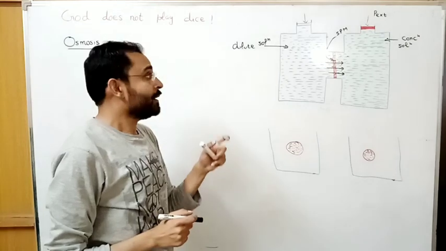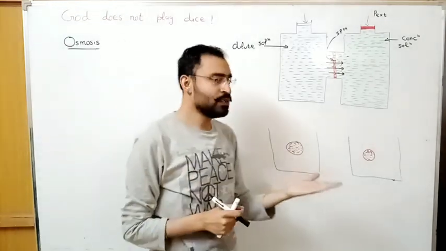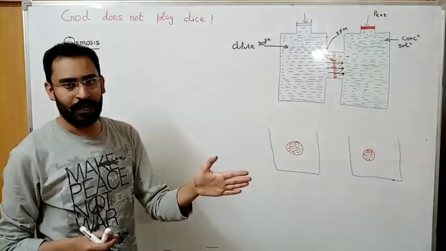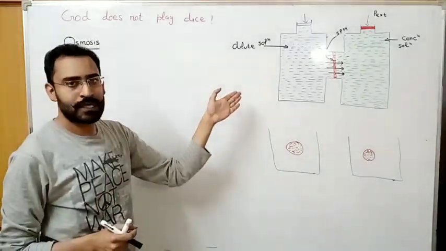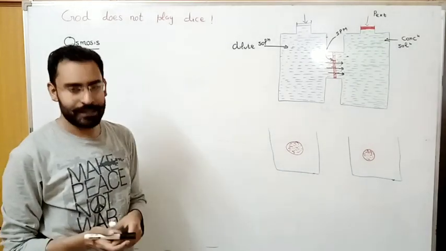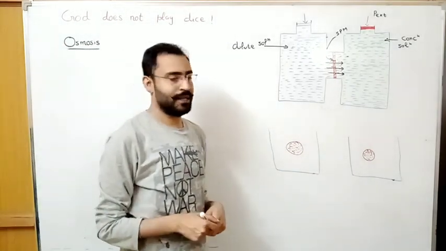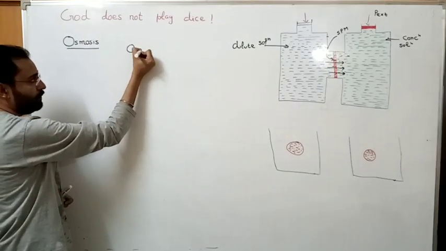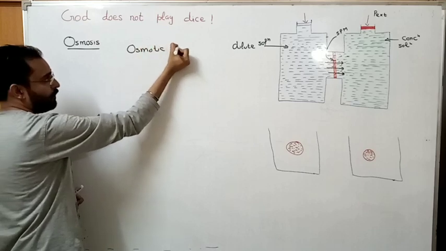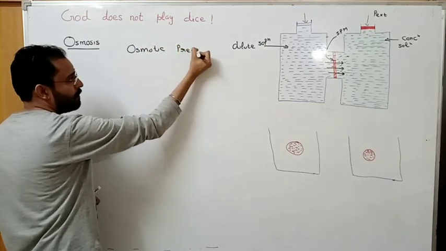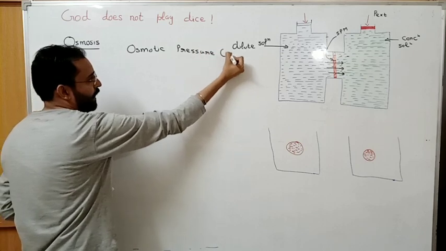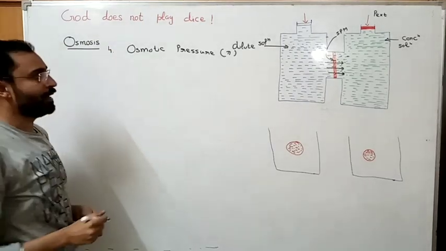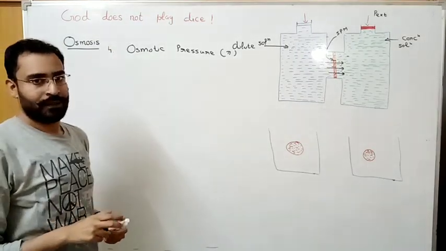That pressure, which is just sufficient to prevent the inflow of solvent molecules from dilute solution into concentrated solution, is known as osmotic pressure. Its symbol is pi, and this is our fourth and last colligative property.